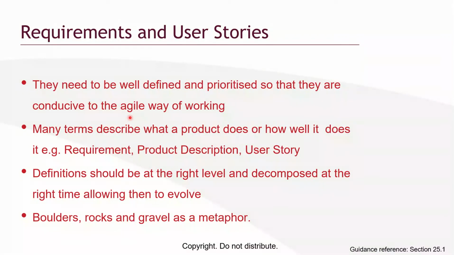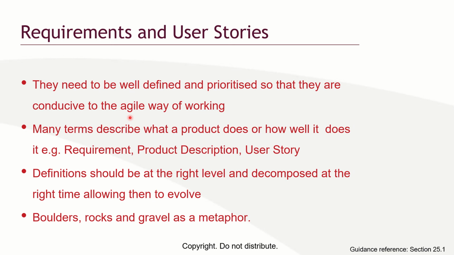Okay, requirements and user stories. When it comes to Agile, we always talk about requirements and user stories. What is a user story? A user story is simply talking about what a user is expecting and how a user expects to use the project's products or the project's deliverable.